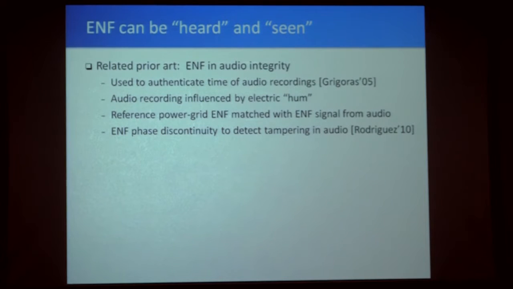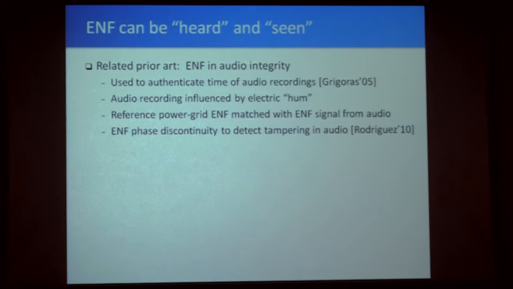And he discovered that there are such time-varying variations of electrical network frequency, and he could also measure that in the sound recording and find that this interesting random process can be used as a timestamp. And also, if we look at those variations in the time domain, phase discontinuities, if we chunk off a segment or add a segment, could create discontinuities in both the time domain and in these measured frequencies. And that can be an indication of some tampering with the content.